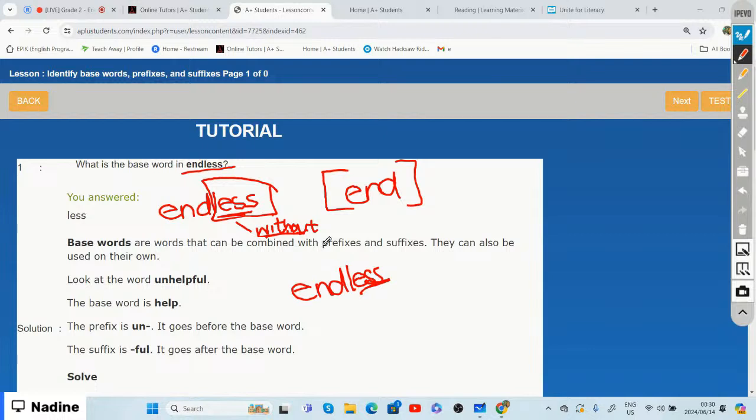And that is why I was saying that either your suffix or your prefix will already give you the meaning of a word. So since we added less, that means without, to our base word, now it means without end. It just goes on and on and on, and it has no end at all.